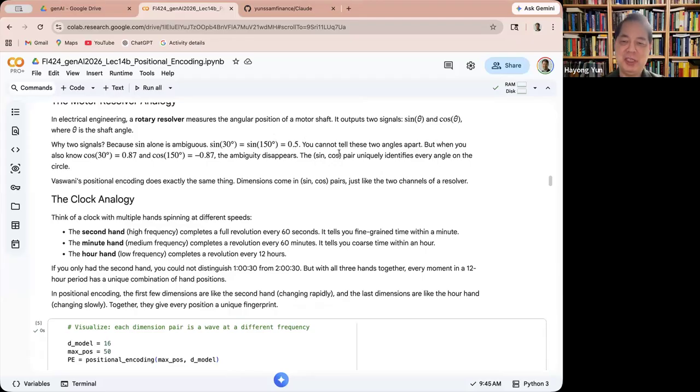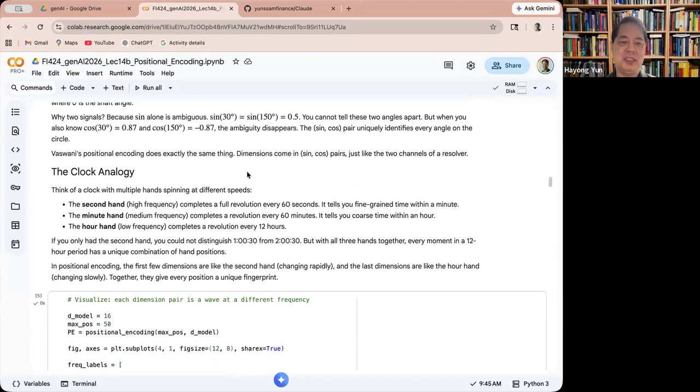That's confusing. But if I add the cosine, cosine 30 is 0.87, cosine 150 is minus 0.87. So with sine and cosine paired together, I know whether it is 30 degrees or 150 degrees, isn't it? That is the clever idea.